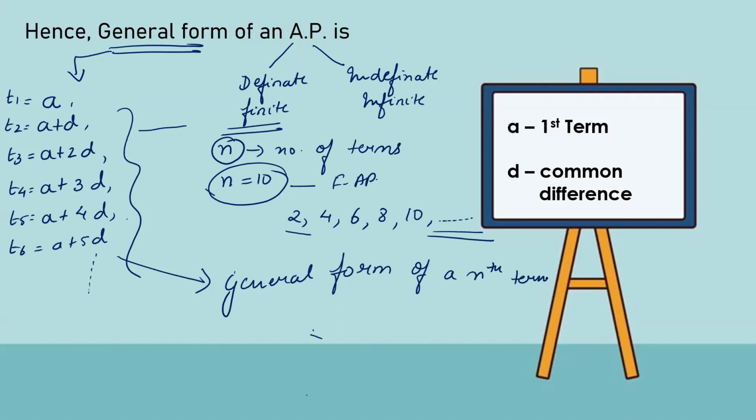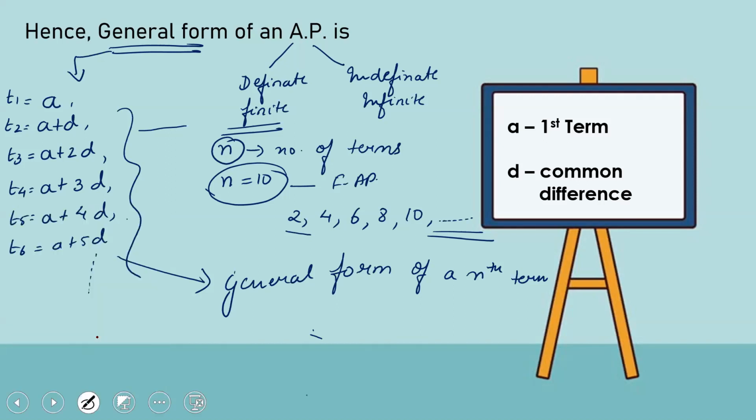For example, suppose A and D are given to you. Right, the first term and the common difference are given to you, and they have asked you to calculate the 100th term. It is actually not possible for you to keep on adding D and get the 100th term. We need to have a general form for that, right?